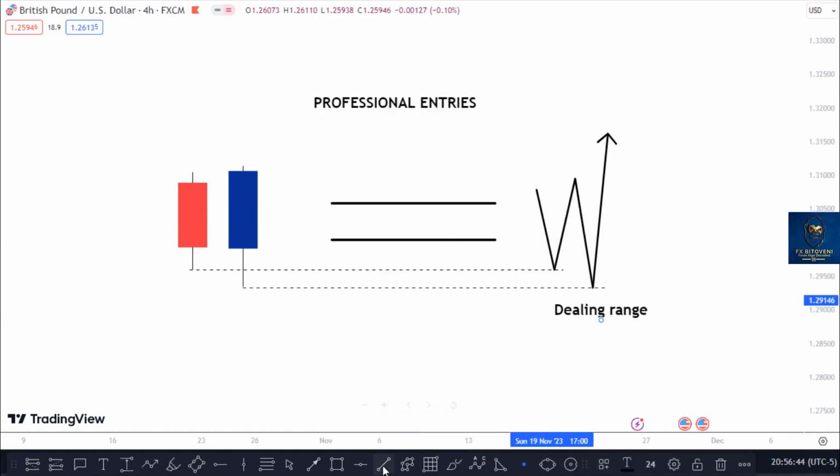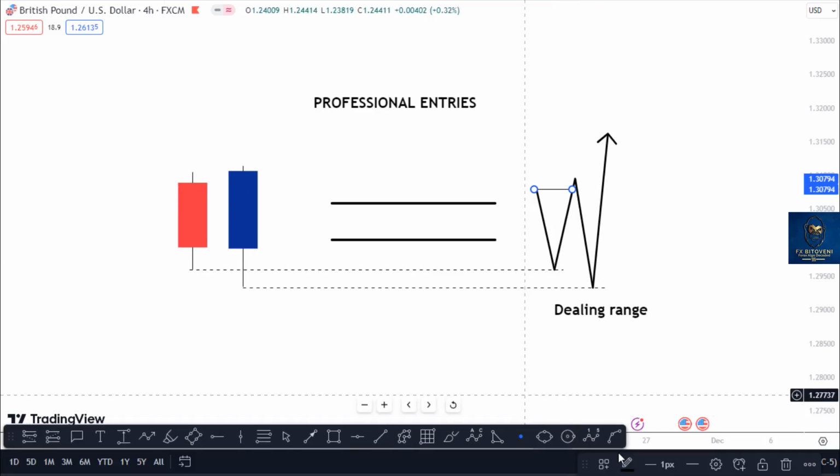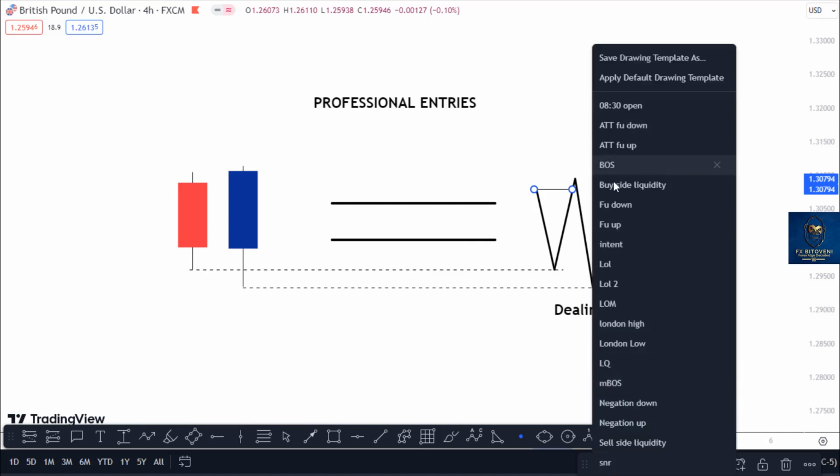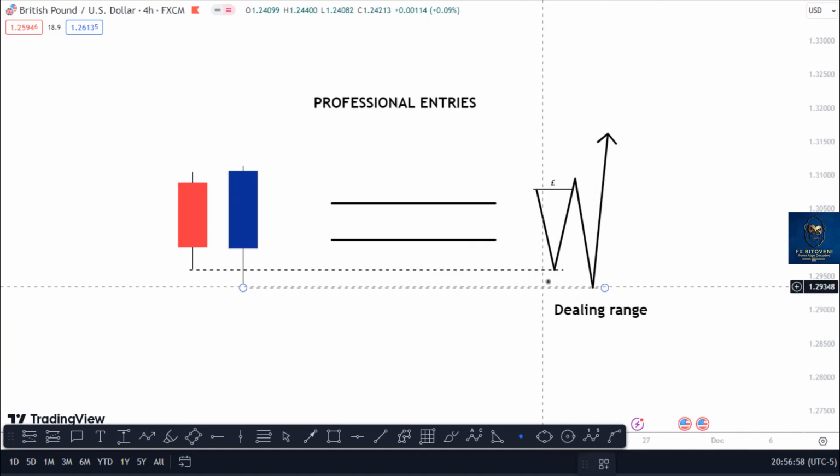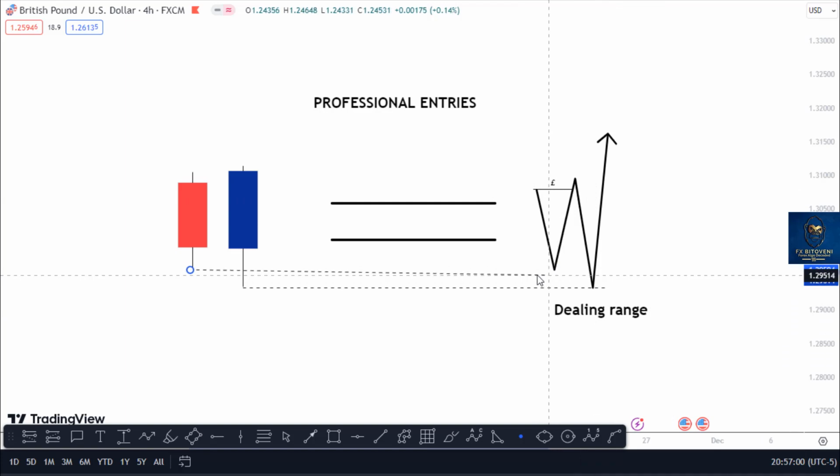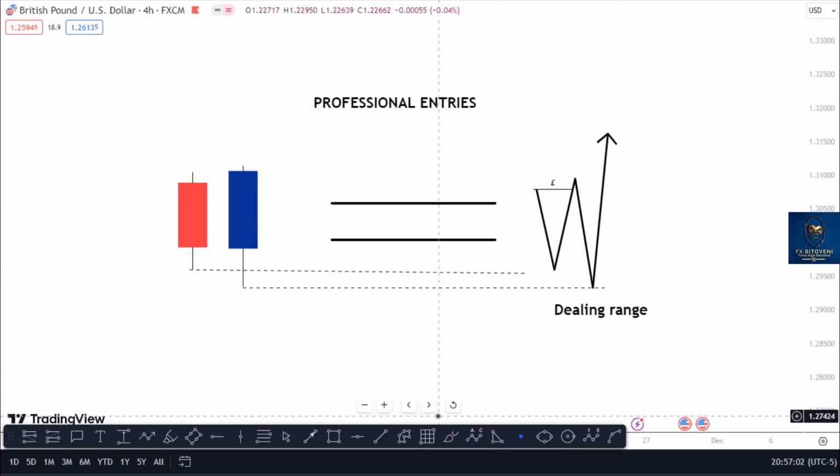A dealing range will have taken, for example, liquidity here to the upside. As you can see, guys, a liquidity level is taken. This buy side liquidity is taken. Down here, another sell side liquidity is taken on this level.